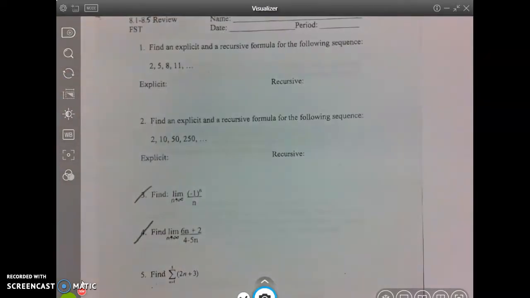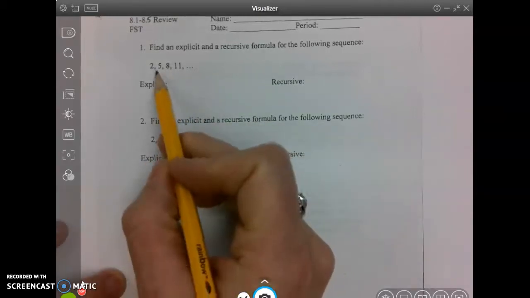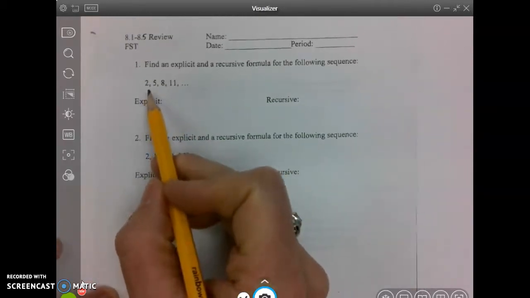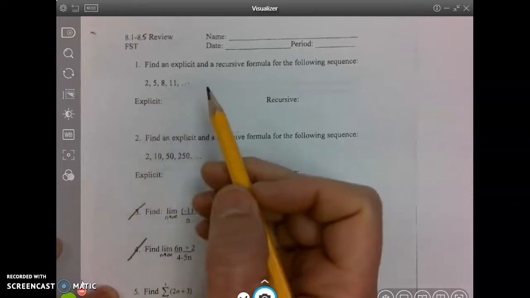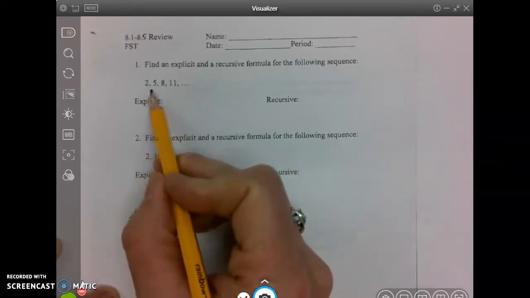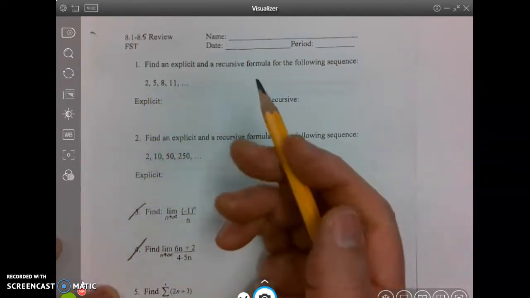So the first problem says find an explicit and a recursive formula for the following sequence. So I first need to figure out what kind of sequence this is. I notice right away that it's increasing by 3. I think that's obvious.